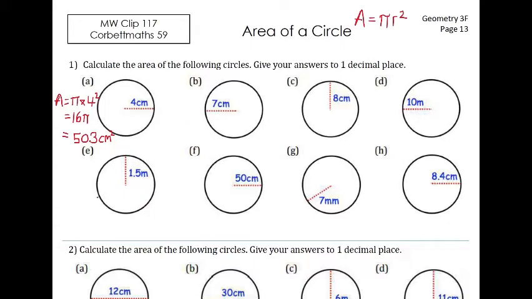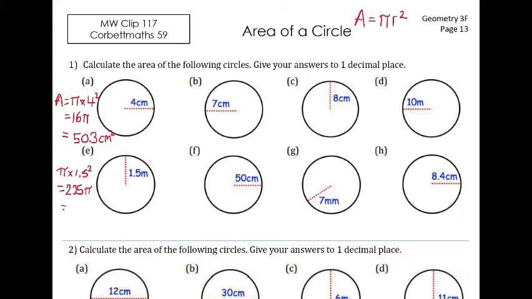Let's just choose one of the other ones. I shall go for question E as well. So the area will be pi times the radius squared again. So pi times 1.5 squared. And the calculator will tell you that that is 9/4 pi, or 2.25 pi, because it's squaring the 1.5.